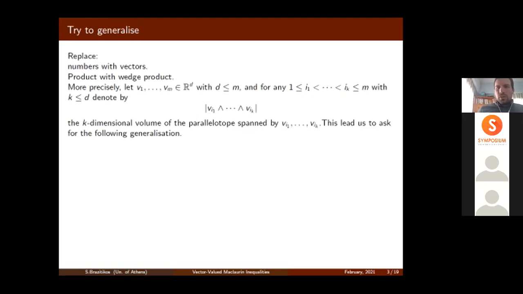Using all these led us to ask for the following generalization.